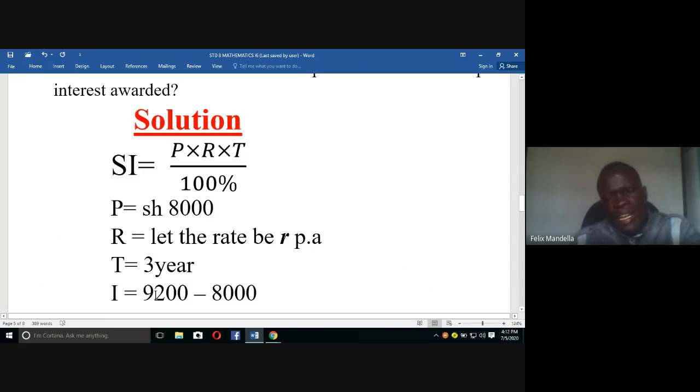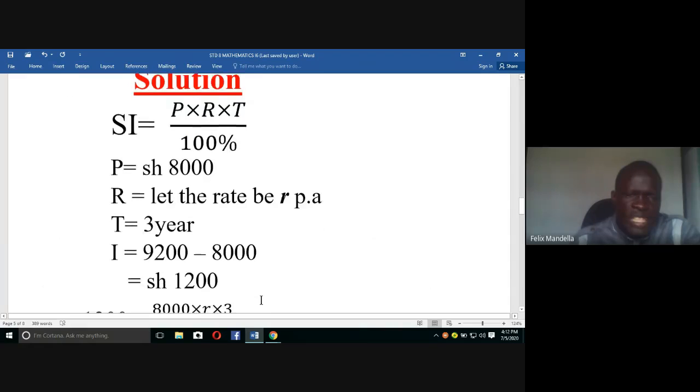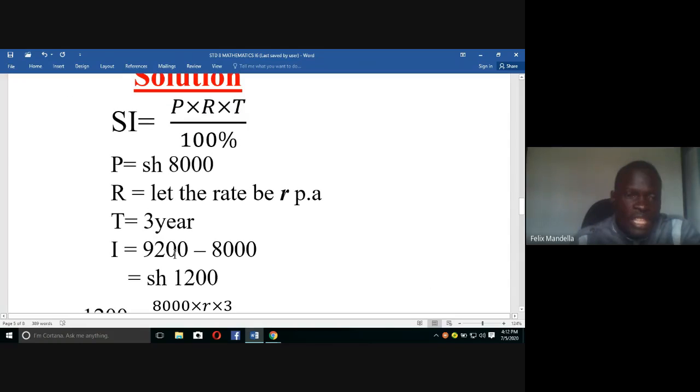If I took to the bank 8,000 and now in the bank I have 9,200, what has been added on top of my 8,000? It is simply subtraction. 9,200 minus 8,000 will give us 1,200. So this is the interest the money had earned. How do you get the interest? Subtract the amount in the bank minus the amount taken to the bank.